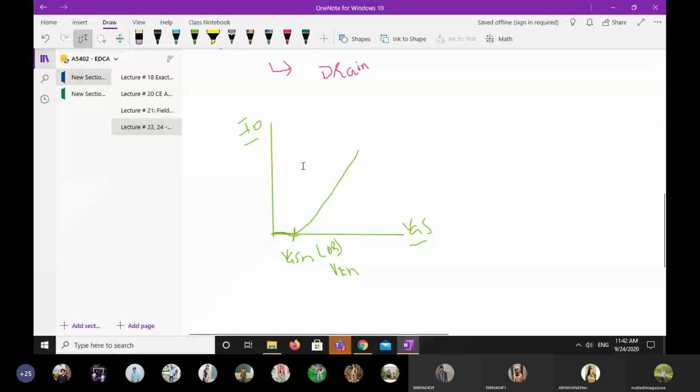Okay, the next one is if you draw the output characteristic. So this is ID, this is VDS.